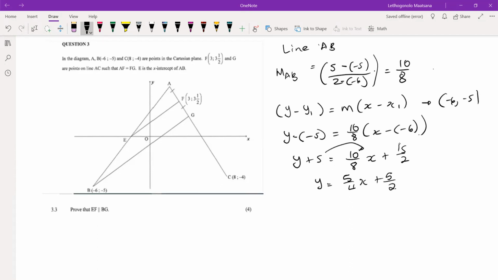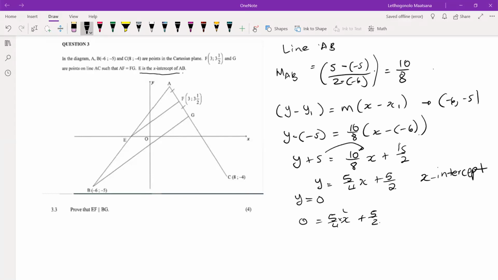We're going to go ahead then and look for the x-intercept, which we were told is point E from the question there, from our information. So to find E, we'll allow y to be equal to 0. So 0 is equal to 5 over 4 x plus 5 over 2.